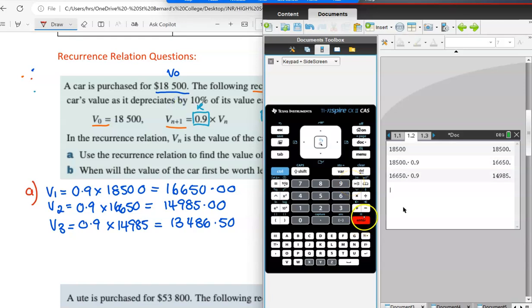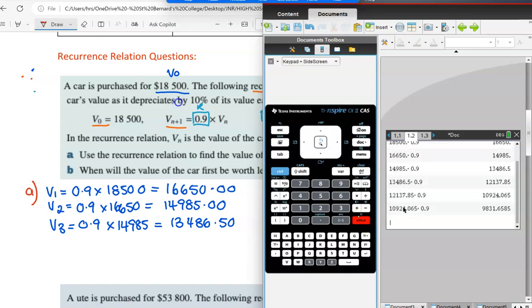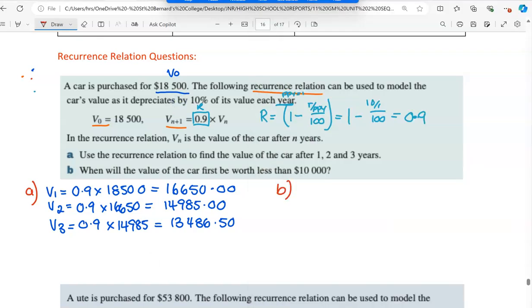There's 1, 2, 3, 4, 5, 6. So you can see after 6 years. At V6, I might just write what the price was. So we'll answer when will the car be worth less than 10,000: it would be after 6 years.